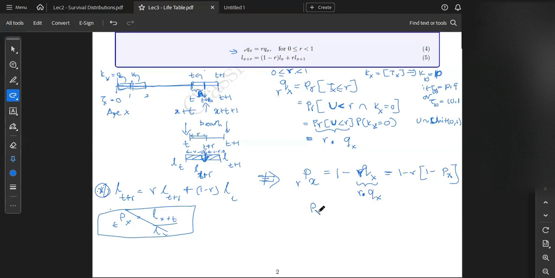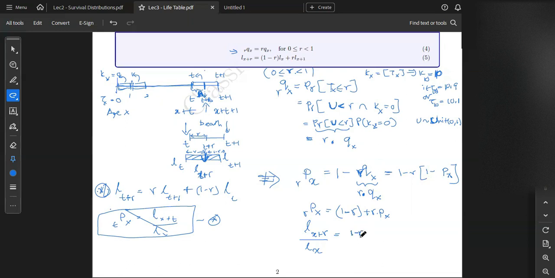So then we can have the survival probability from x to r is 1 minus r plus r times the surviving probability from x to 1 more year. So remember that this r is a fraction between 0 and 1. So we have 1 minus r with us now. And now we can use this equation directly. So for this one, it's l_{x+r} over l_x.